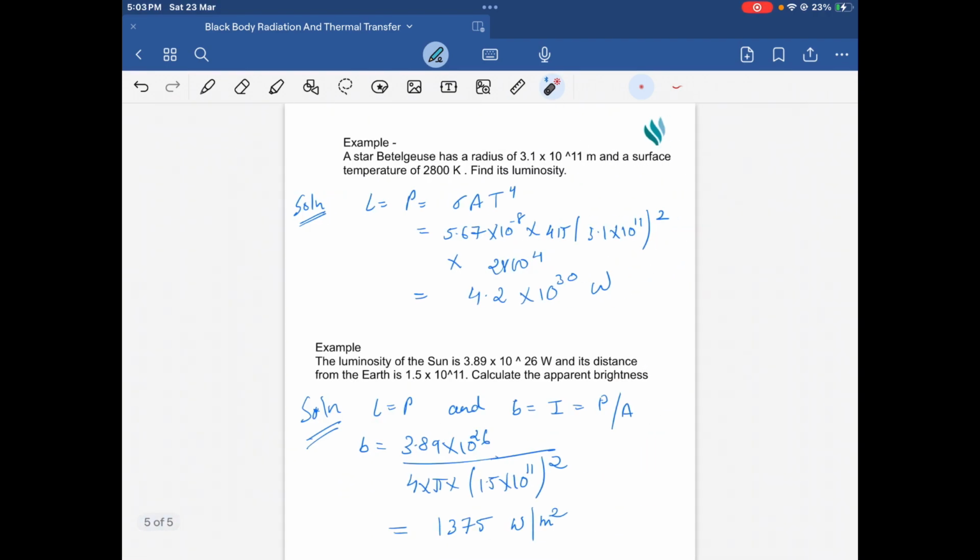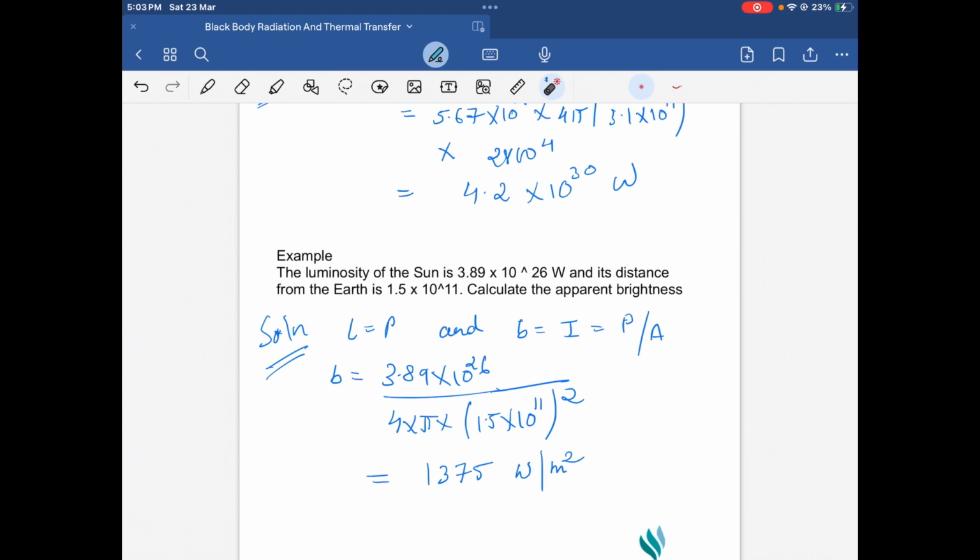So L, luminosity, is the power. B is equal to the intensity I, which is equal to power over area. So luminosity is power, which is equal to 3.89 into 10 to the power 26, over area, which is 4 pi r square. Whenever we are dealing with intensity or brightness, it is the distance between the source and the receiver.